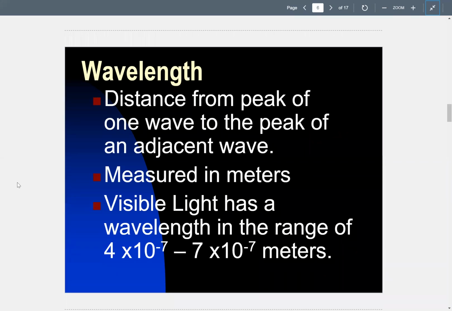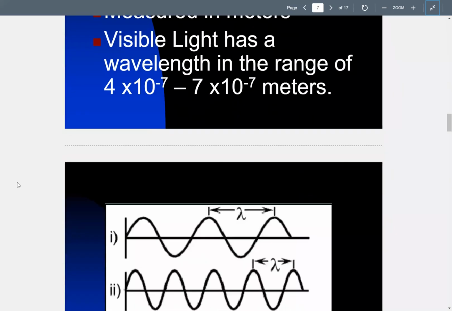The wavelengths differentiate these waves. Visible light is measured in nanometers, so 1/1 billion meters. Typical light that we can see is in the range of 400 to about 700 nanometers, or as you can see right there, 10 to the -7 meters.